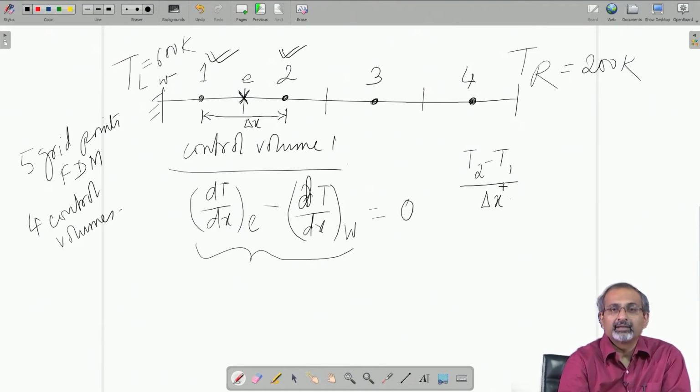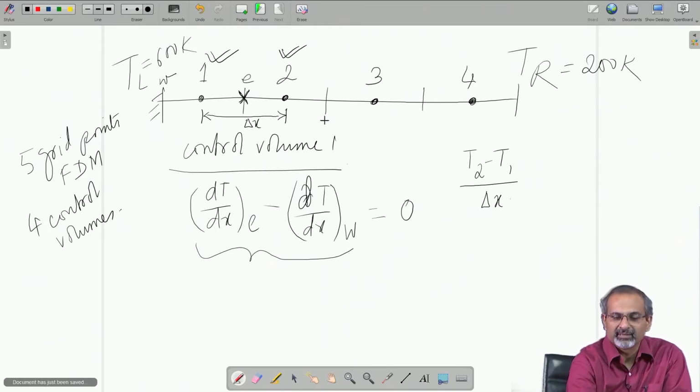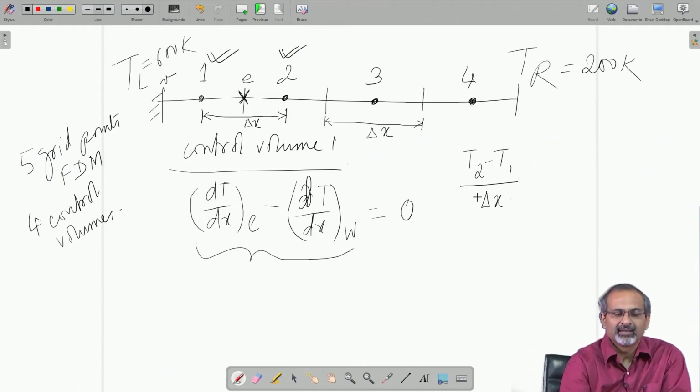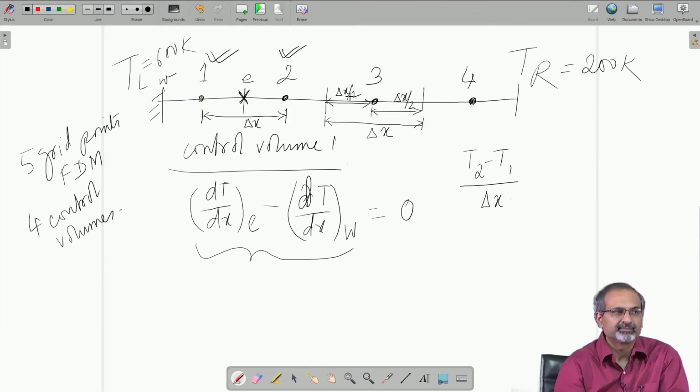Now, we are assuming that all these control volumes are of the same size. If that is the case, let us see what it means. So, if I say that control volume 3 has a length delta x, then half of it would be delta x by 2, and this is comprised of 2 equal halves because the node is at the center.